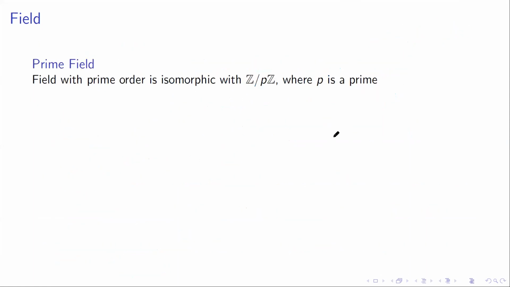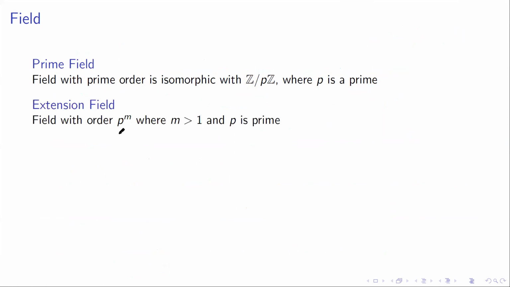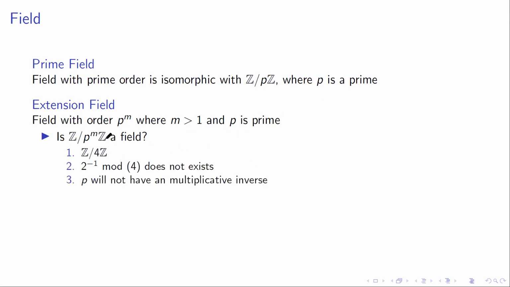So prime field. If we have a field with prime order, then it's called a prime field. If we have a field with prime power order where m is larger than 1, then it's called an extension field. But the problem is, how can we construct a field with a prime power order? Is this a field? This is not a field.